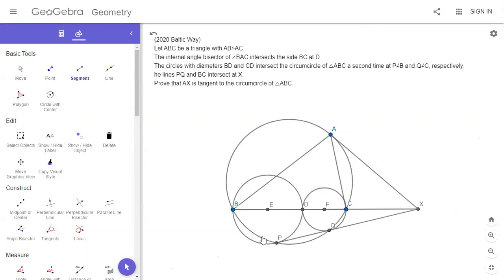What if maybe there's a way to use the radical axis theorem? So we have the circumcircle of ABC. We could try the point circle A, I'm wondering.